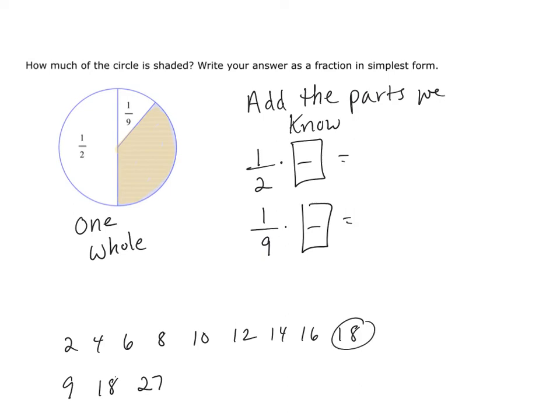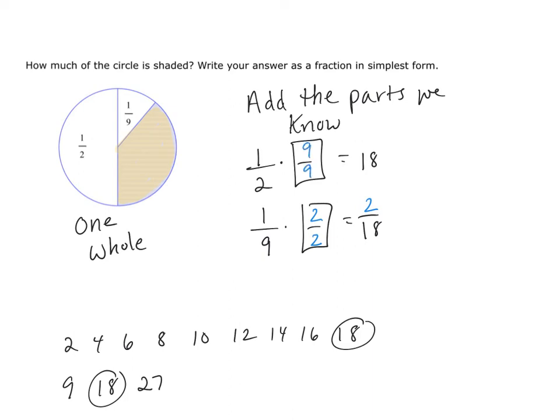Okay, and we see that 18 is going to be the one that we're going to use because that matches. So 9 times 2 is 18, so we make a 1, which is 2 over 2, because 2 divided by 2 is 1. 1 times 2 will give me a 2 for my top. So 1/9 is an equivalent fraction to 2/18.